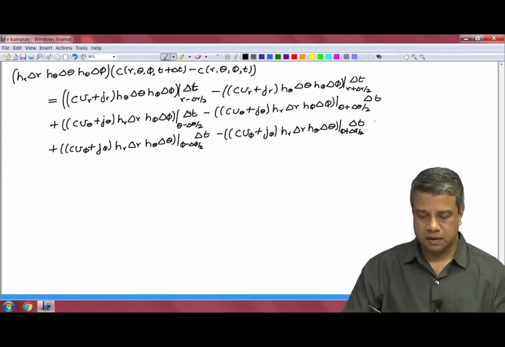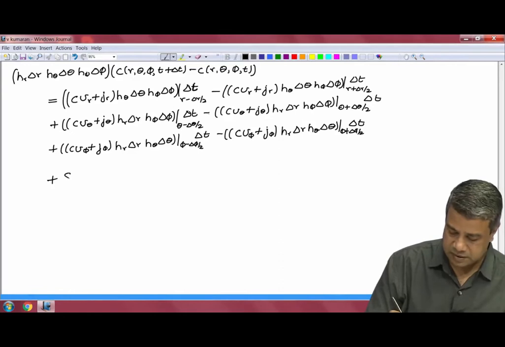And finally, the volumetric source S h_r delta r h_theta.